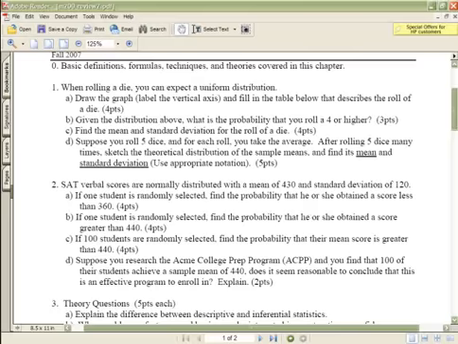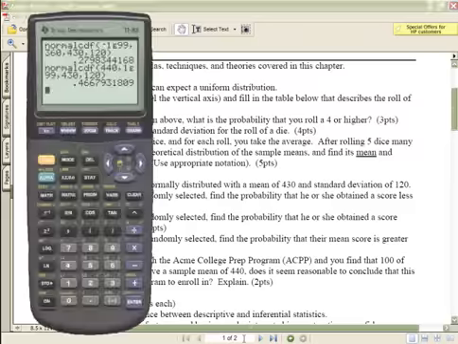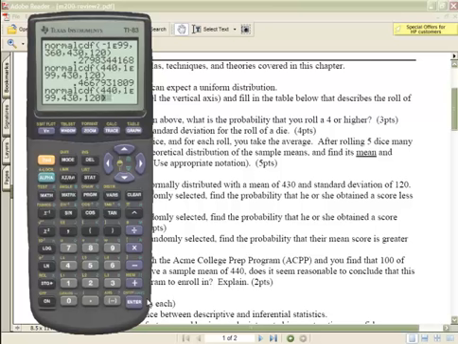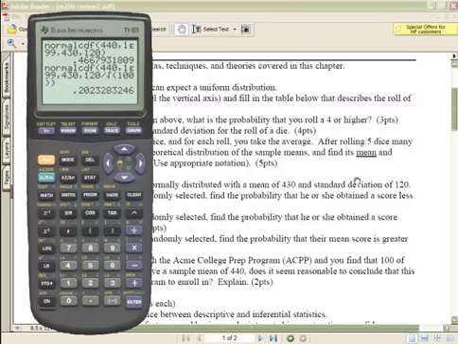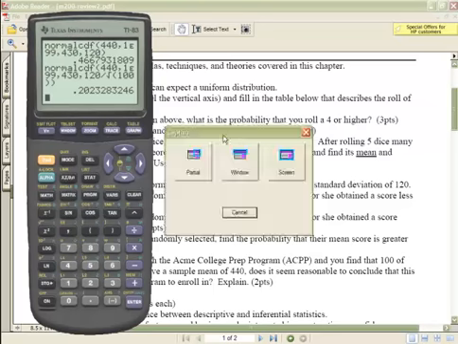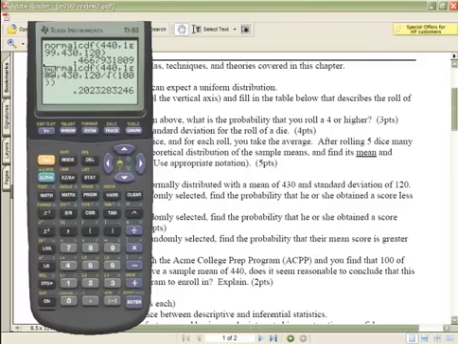And so our setup in our calculator, again, I'll press second and enter, and it's exactly the same setup, except I'm going to put divided by here, square root of 100, or I suppose you could have just put 10. So this is what we were looking at. Oops, that didn't go well.